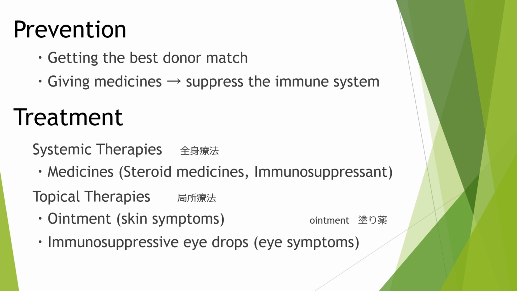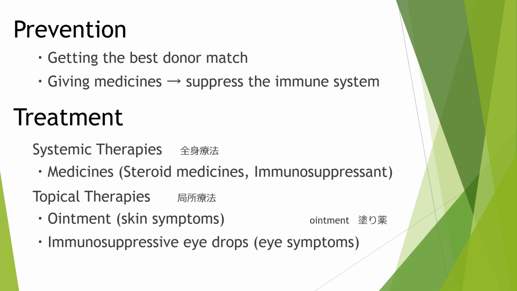Treatment for GVHD depends on the type of GVHD and symptoms. There are several treatments, but the main treatment is steroid medicine and immunosuppressants to reduce the patient's immune response. This is a systemic therapy.